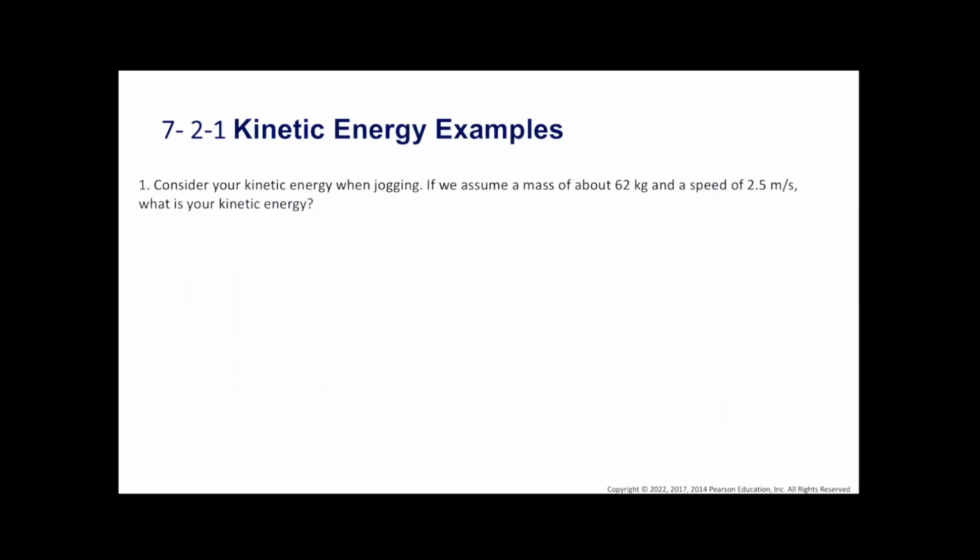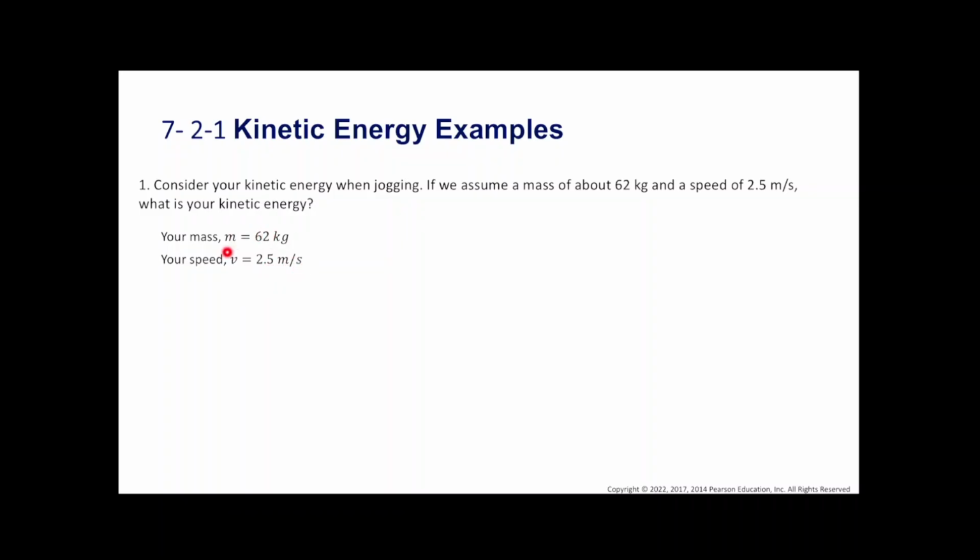Let's see some examples involving the kinetic energy equation. Consider your kinetic energy when jogging. If we assume a mass of about 62 kg and a speed of 2.5 meters per second, what is your kinetic energy? We are given your mass, 62 kg, and your speed v, which is 2.5 meters per second.